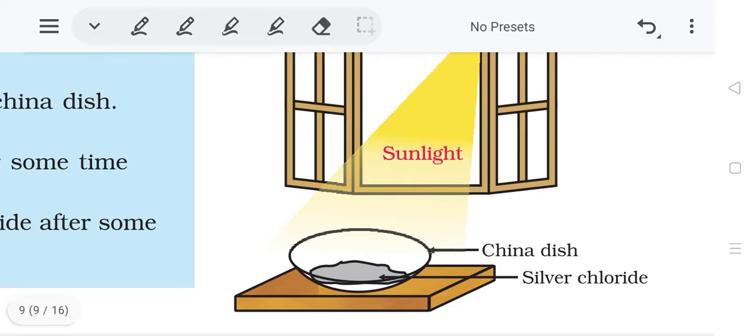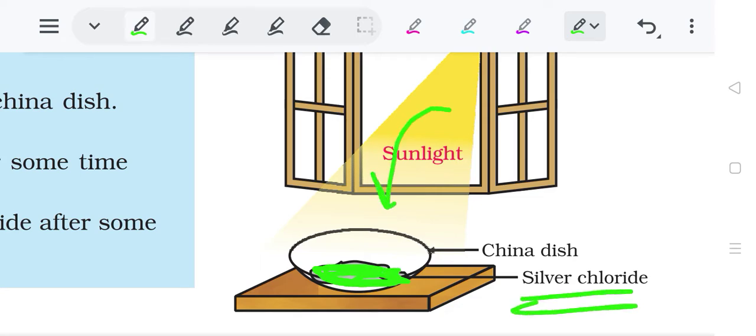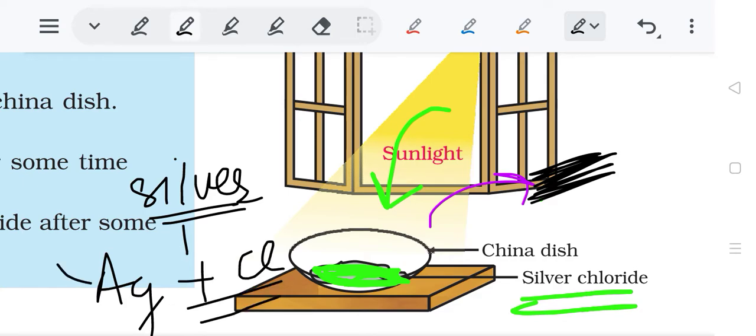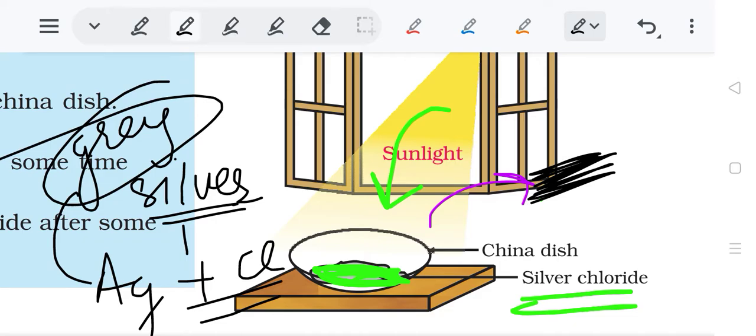So here I was having white colored silver chloride, but when I put it in the presence of sunlight, it changed its color into a silverish color. Why does that happen? Because silver chloride in the presence of sunlight breaks into silver plus chlorine, and silver is of grey color, so this is the color of silver here.